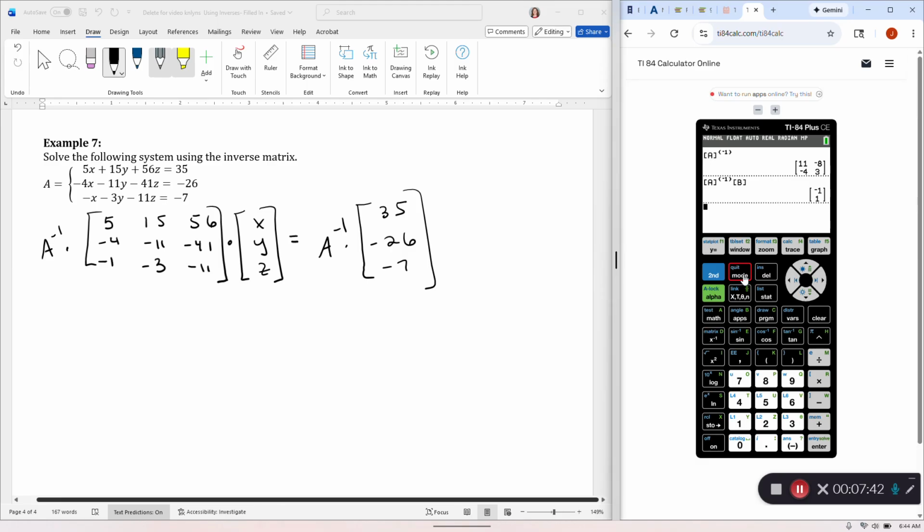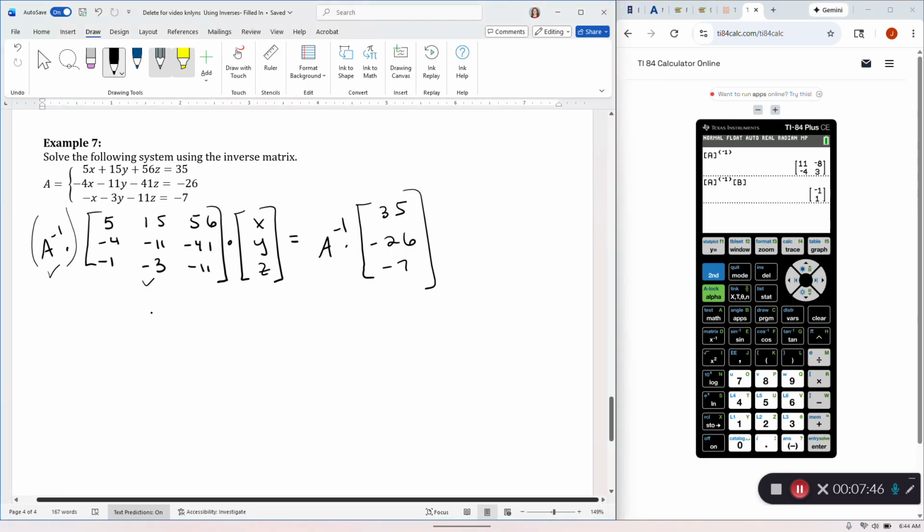Now, I know that the inverse times A will result in the identity matrix. That's those two, leaving us with x, y, z is equal to, now that I have the ability to get the inverse, I'm going to multiply these two together.